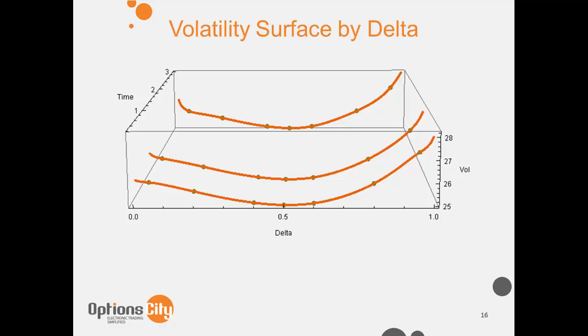Yeah, so why would showing vol surface by delta be more useful than by the strike? Well, it goes back to what I was saying before. Let's say, for example, we've only got market data for these 3 contracts, and some broker comes in and says, well, I want to trade a 2-year vol, and I want the 200 strike. And what's the contract going to price at that level?